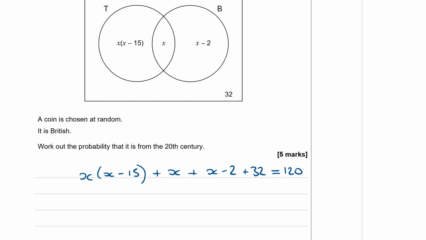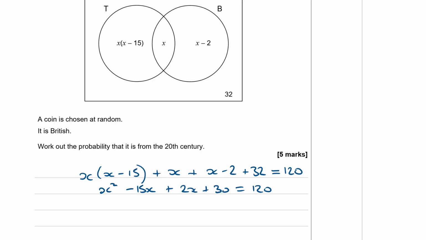So multiplying out those brackets, we're going to get x squared minus 15x plus x and x is 2x, minus 2 plus 32. I'm going to combine that into plus 30 equals 120.